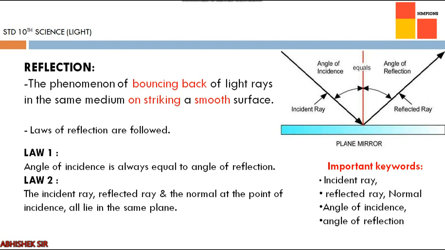The first law is that the angle of incidence is always equal to the angle of reflection. That certainly means that if the light ray is incident, for example, at 50 degrees from the normal, it will be reflected at 50 degrees only. That means the angle of incidence is always equal to the angle of reflection.